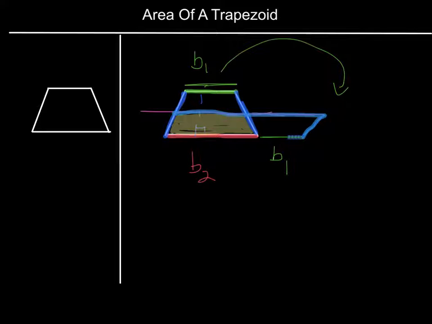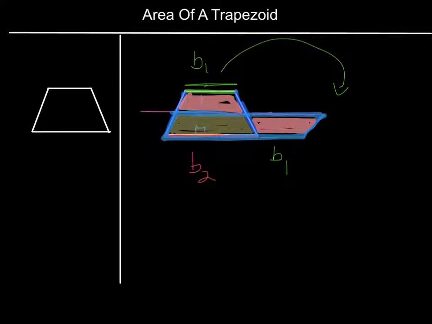So there is my new parallelogram. It is denoted by the trapezoid on top, which is right here, that has been flipped over and is now right here.